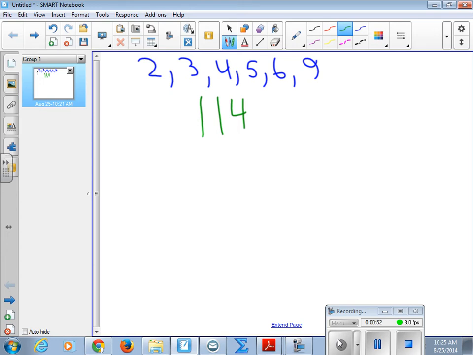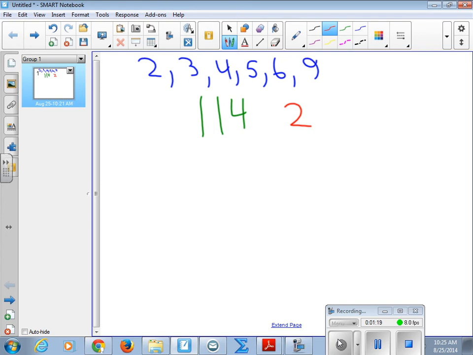So the test for 2. If a number is even, it can be divided by 2. 114 is even. Therefore, we can divide it by 2. So that's one of the options. The test for 3. If we add up all the digits in a number, if the sum of those digits can divide by 3, the whole number divides by 3.